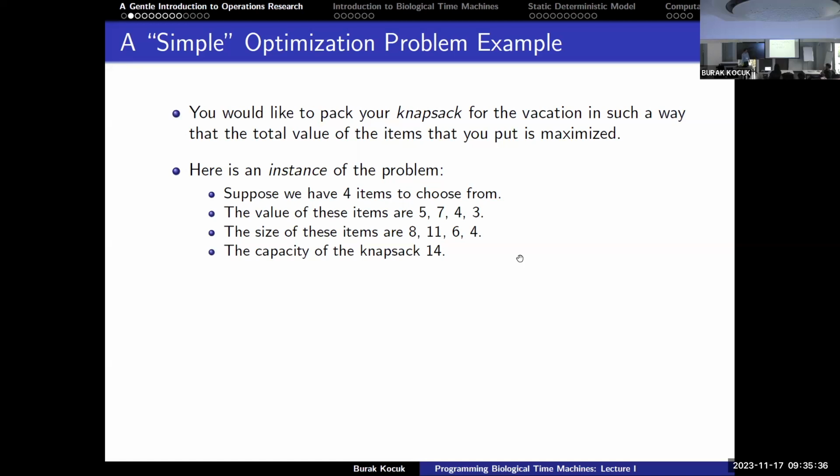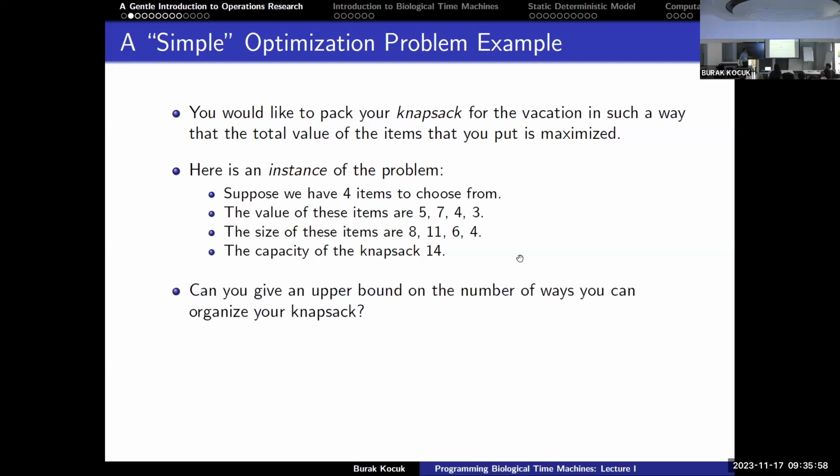The knapsack has a capacity of 40. As you can see, we cannot put everything in your knapsack, as it will exceed the capacity. Now you have to choose some items from this list so that the value in your knapsack is as big as possible. That's a simple looking problem from optimization, and we use this in different contexts.